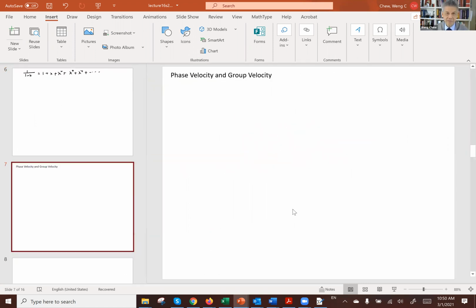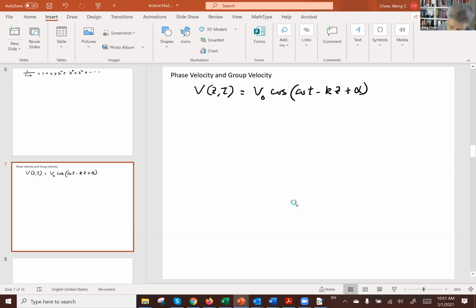So let me move on to the next topic then, if you don't have any questions on this ray series interpretation. I'd like to talk about phase velocity and group velocity. We have learned about phase velocity before, which says that if we have a wave function that is time harmonic, then the wave function can be written like this, in the time domain, where this is omega.